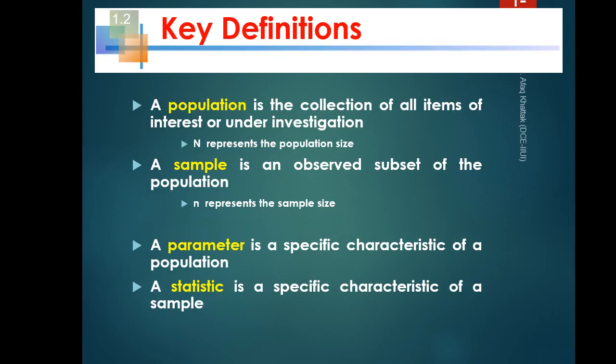If I want to determine the average weight of people in Islamabad, it's very difficult for researchers to collect the data of whole Islamabad. But in statistics, instead of that, we take a sample of the whole population, and that sample should be a random sample.